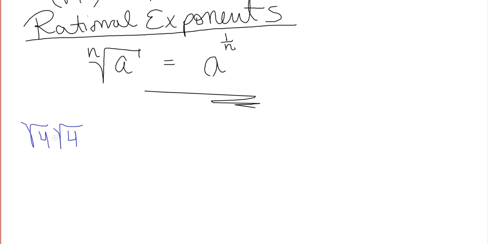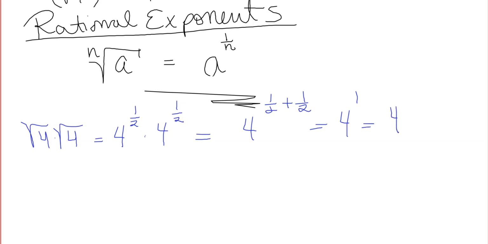So this would be 4 to the 1/2 times 4 to the 1/2. From what we've seen with exponents before, when things have the same base, what I can do is add their exponents together. So 4 to the 1/2 plus 1/2, which is, well, 1/2 plus a half is a whole, so that's 4 to the first, which is 4.